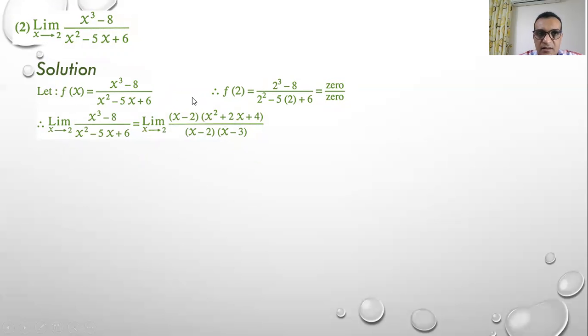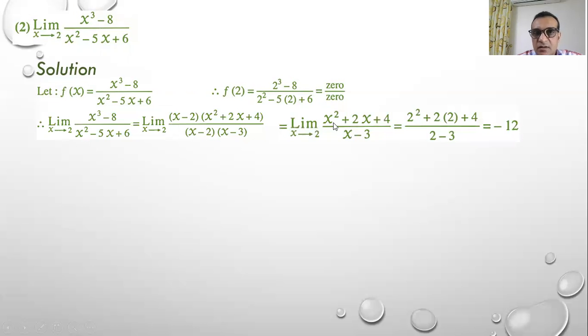By cancelling x minus 2 with x minus 2, we get the limit of x squared plus 2x plus 4 over x minus 3, and by replacing with x equal 2, we get that the limit of the function equals negative 12.